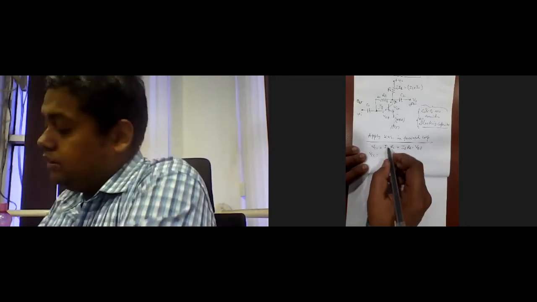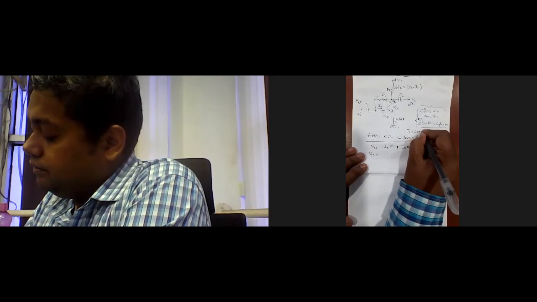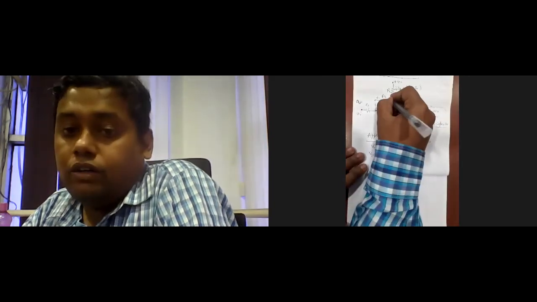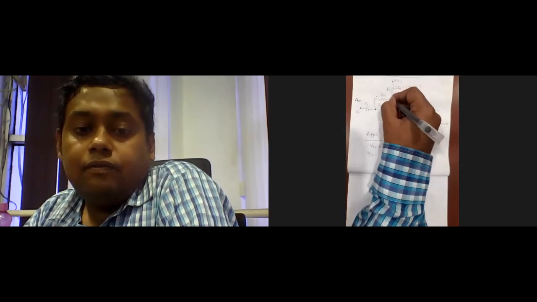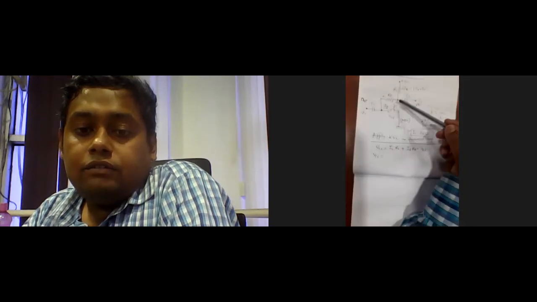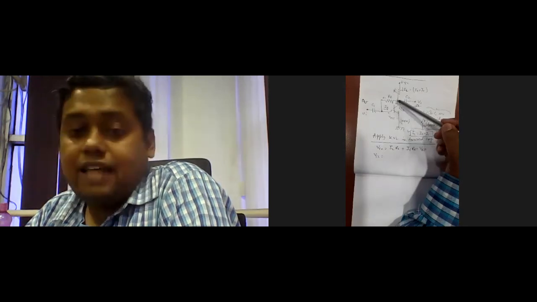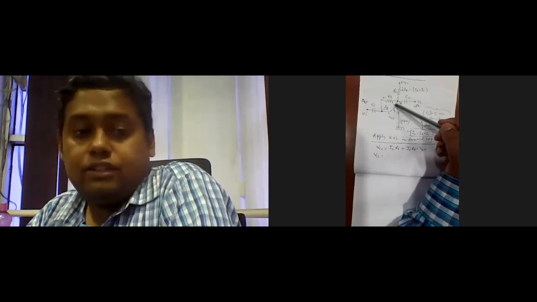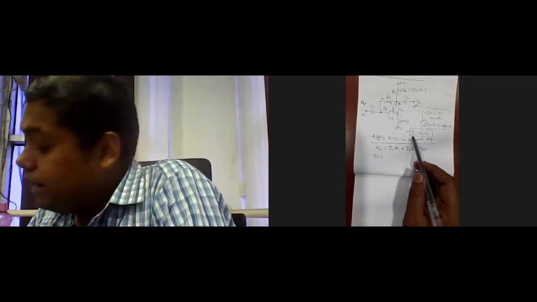We already know IL equals IB plus IC, because at this node the current is divided into two parts, one is IB and another is IC. Then we can apply KCL, Kirchhoff's current law: IL equals IB plus IC.